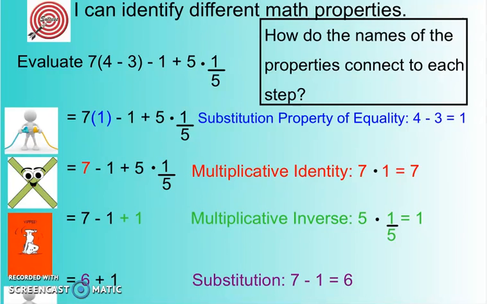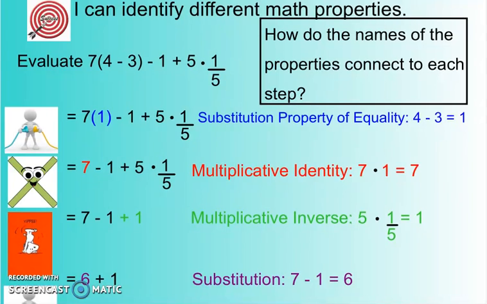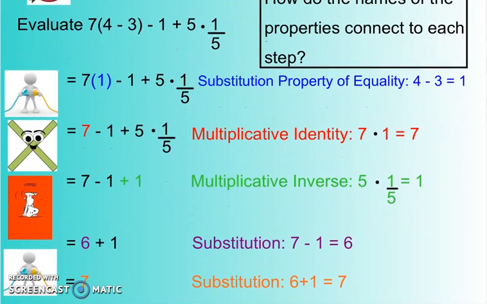You're absolutely right. It is basically plugging in, so if you look at this little icon, we're plugging in a number that is equivalent to 4 minus 3, and that number is 1. And so we're going to use that number instead of 4 minus 3. And that's our first step.